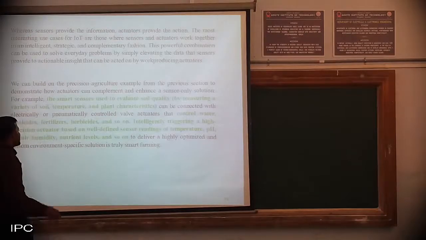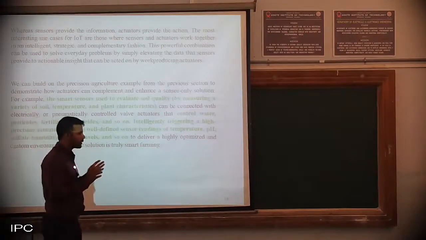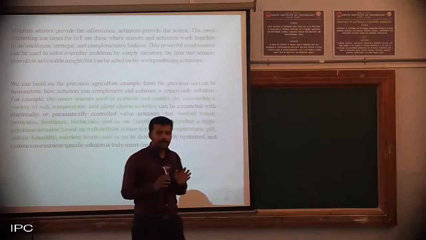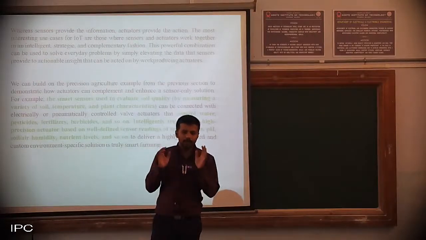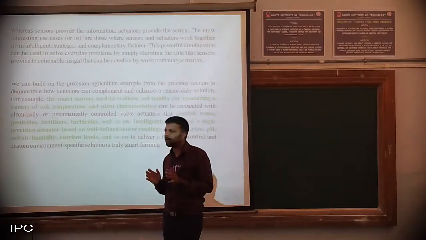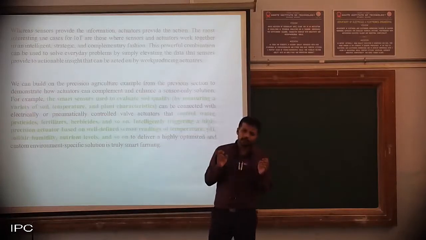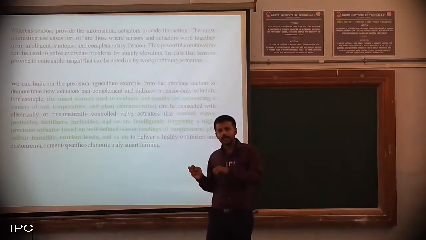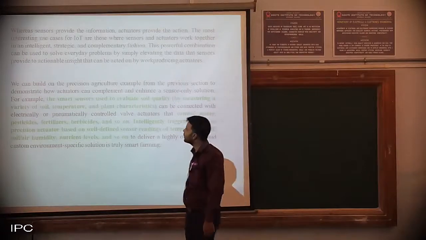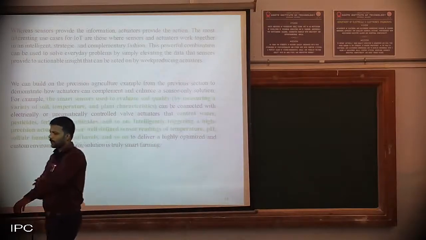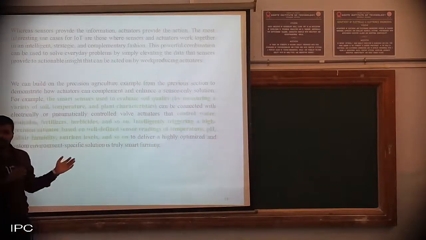All these actions will be carried out by the actuators. So smart objects, the smart work, is a combination of both sensors and actuators. That is what is given in this phrase. Class, I will continue this topic.